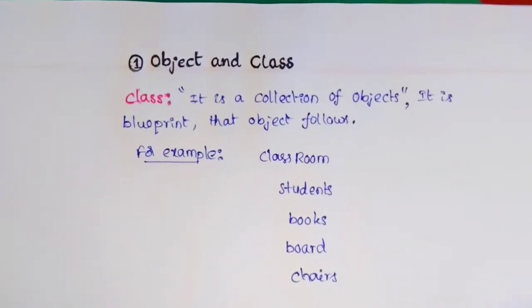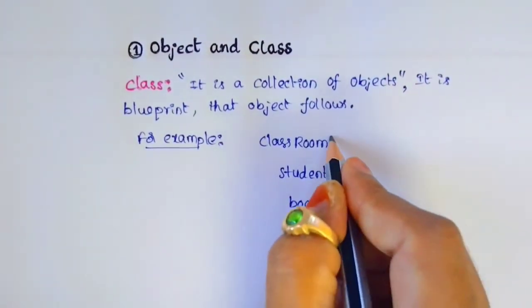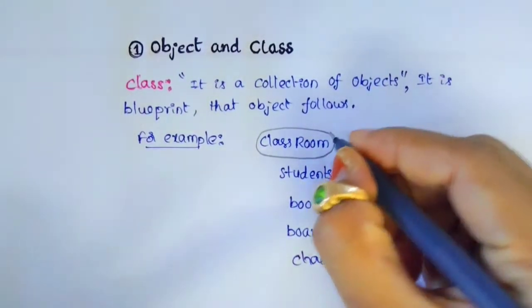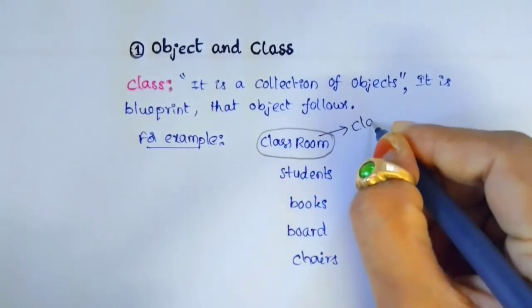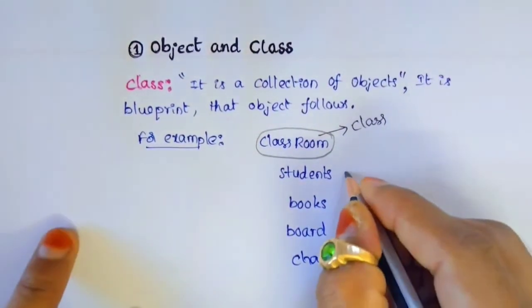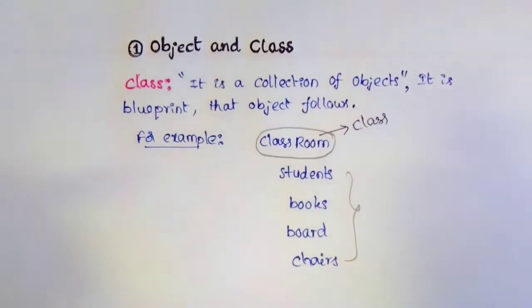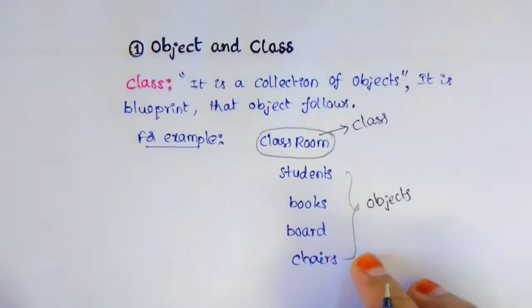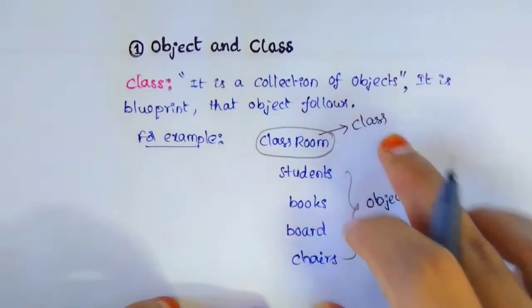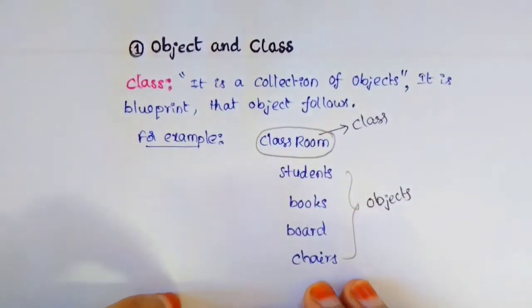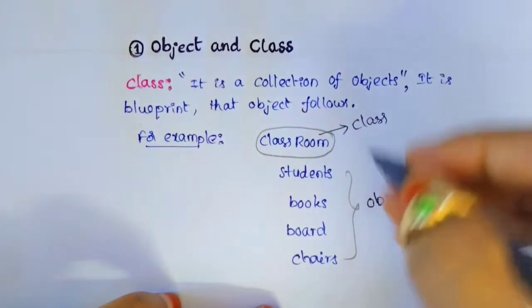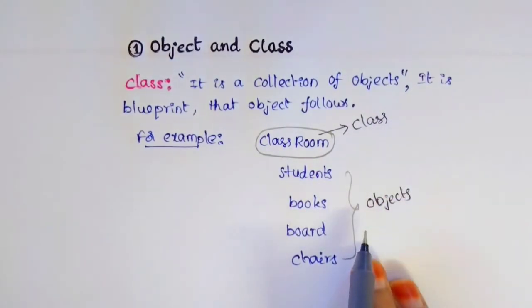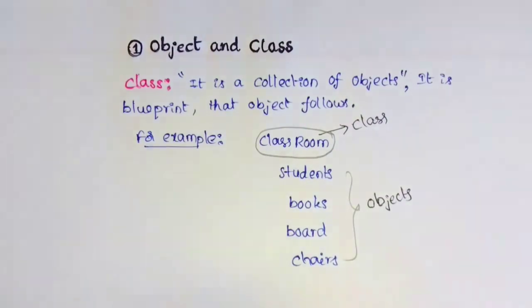So here classroom is the class. These students and books are objects. So we can simply say class is a collection of objects, and also we can call object an instance of class.